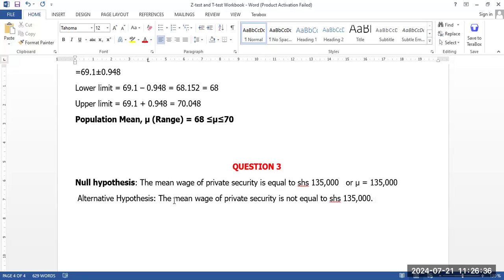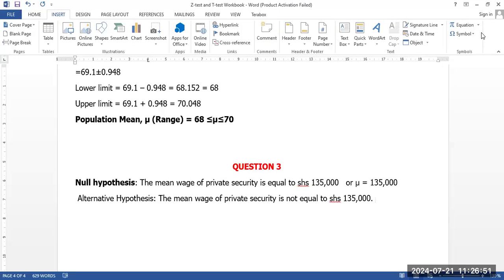So it means that here your mu is what? Or another person can just use signs and say mu is not equal to 135,000.